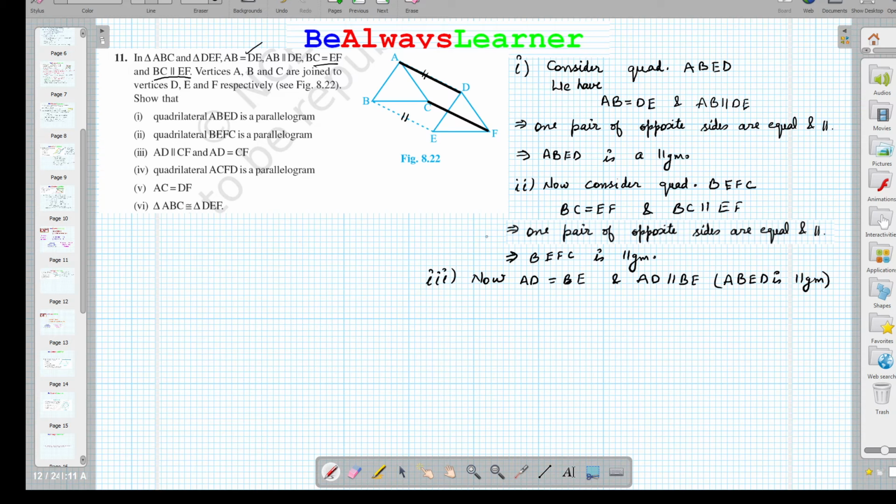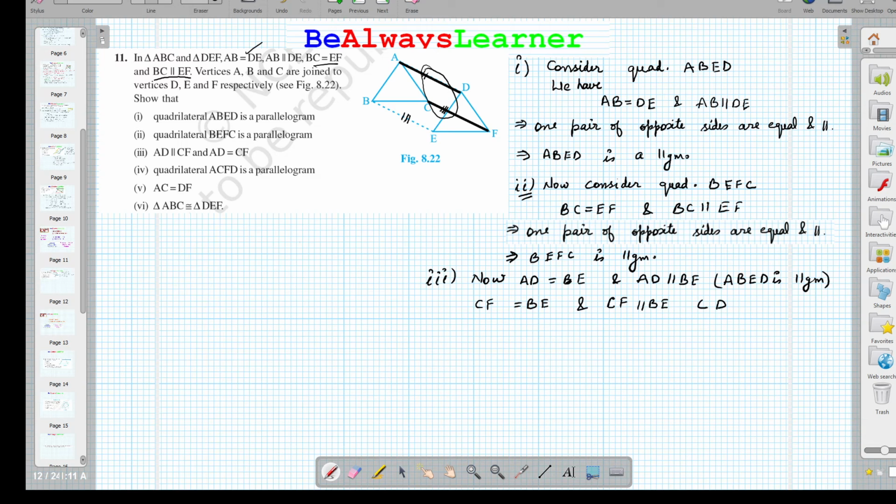Another one is from the second point, that CF is parallel and equal to BE. So these two are related. We have CF is equal to BE and they are parallel also, so we can write CF is parallel with BE. Why?